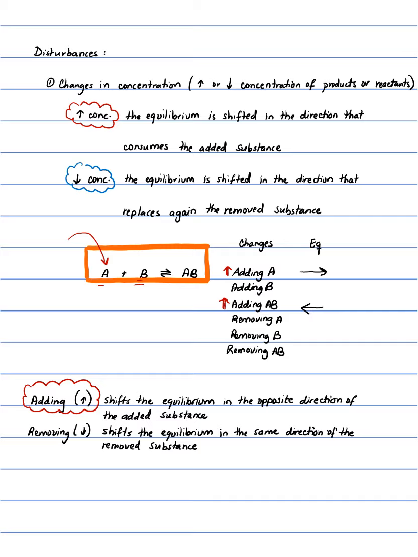You see, when you're adding something on the reactant side, the equilibrium will be shifted towards the product to use up that reactant that you're adding. When you're adding something on the product side, the equilibrium will be shifted towards the reactants to use up that amount of product that is being added.